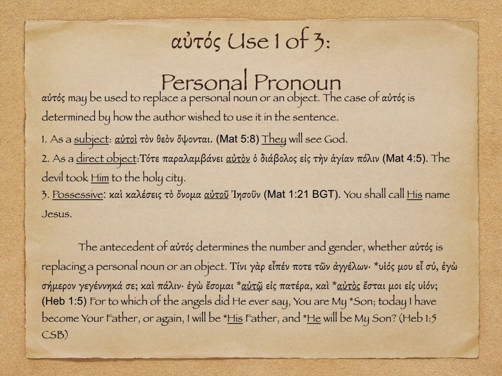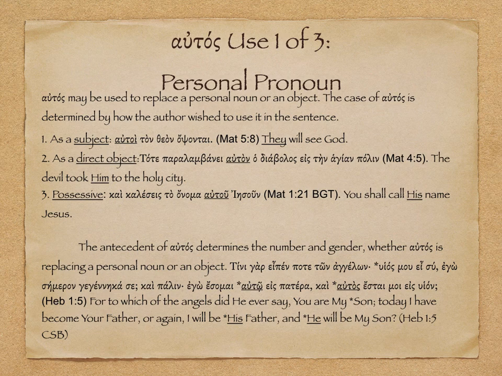In this particular instance, it would be masculine because his name, Jesus, is the him here. So we would know that it's masculine. But generally, parsing, if you had just the word autou, you'd want to include masculine and neuter.